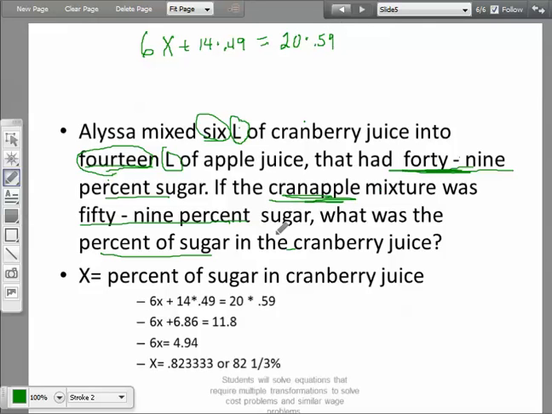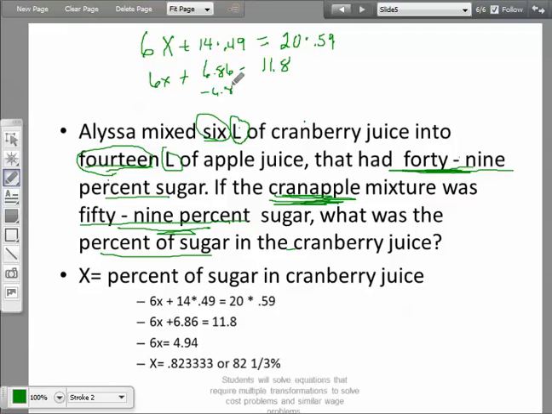Why am I multiplying it times 0.59? Because that cran-apple mixture was 59% sugar, 0.59. Now I'm going to multiply the numbers together here real quickly. 6x plus, and I can do this on a calculator and get 6.86 is equal to 11.8.